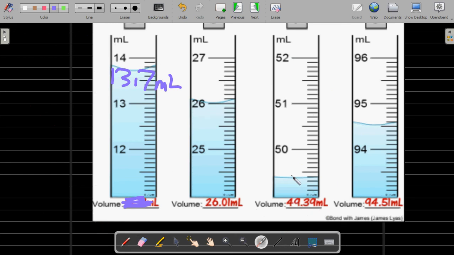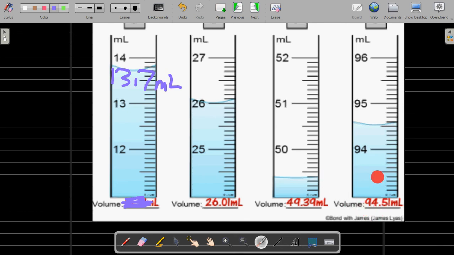So the reason this is 49 is because there's only 1 unit between there. So this halfway mark, that would actually be 49.5. And so we look at it and it's not, that's the 4, that's the 5. So it's almost to the 0.4, but not quite.